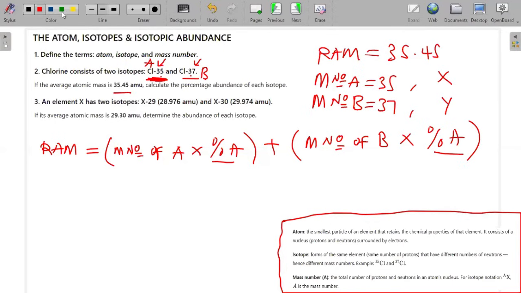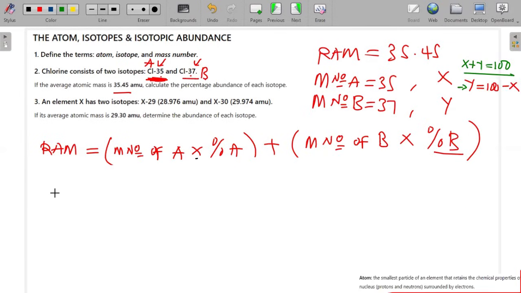So we're saying here, the percentage abundance for isotope A is X. The percentage abundance for isotope B is Y. Okay, so we know that a percent is out of 100, right? So meaning that when I add this X plus the Y, I should get what? 100. Now I'm just going to replace these numbers into this formula.